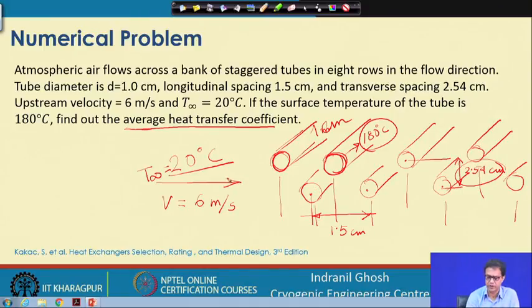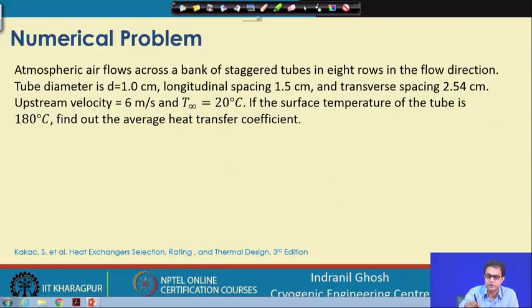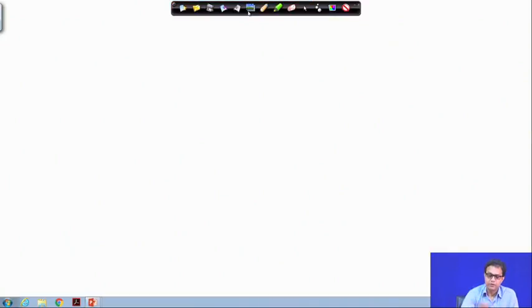Often we supply you the heat transfer coefficient, but in reality we may have to calculate it, and we now try how to calculate it. So, what is the starting point?